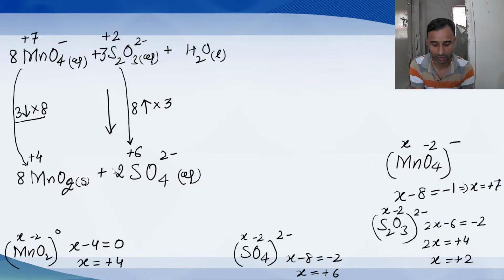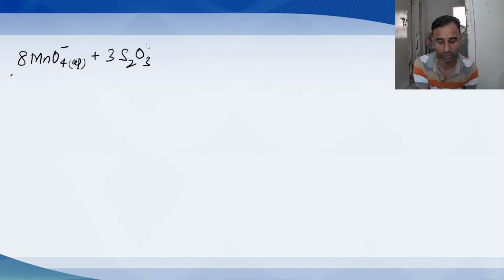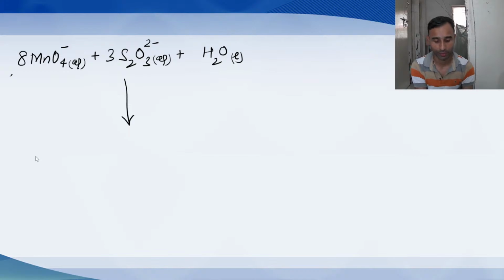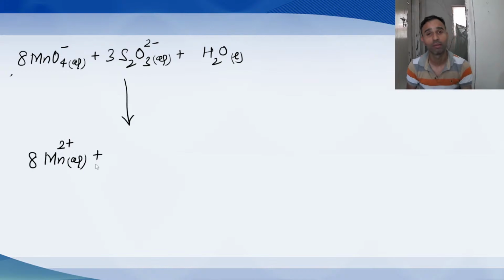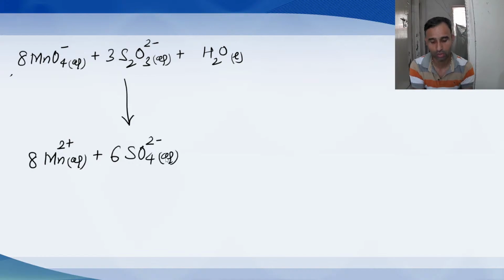Now we will write it: 8 MnO4- plus 3 S2O3 2- plus H2O liquid to give 8 MnO2 plus 6 SO4 2- aqueous.